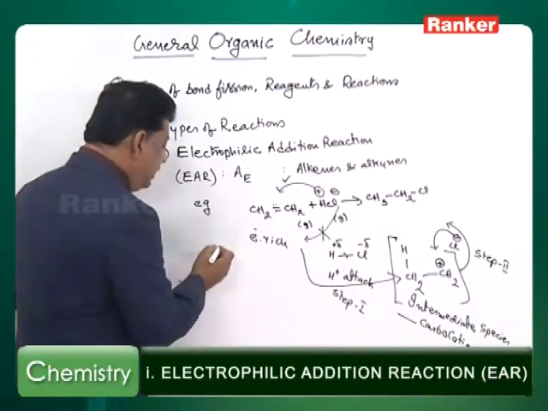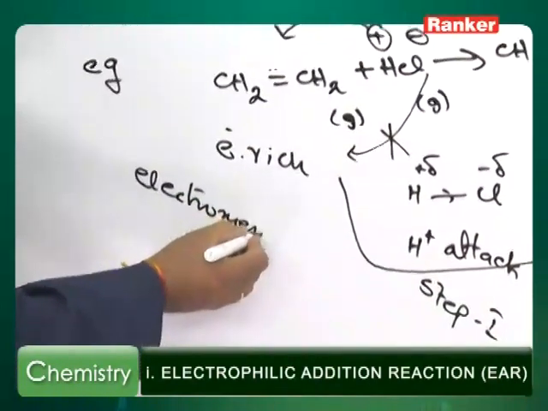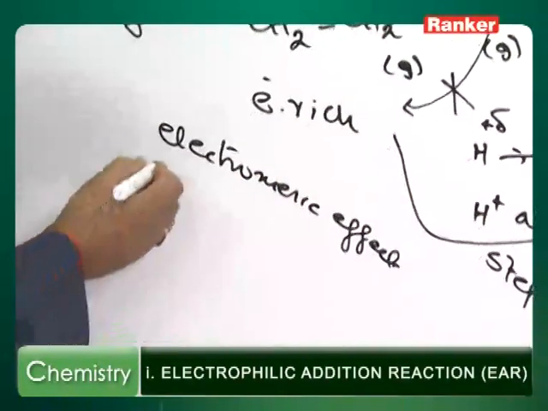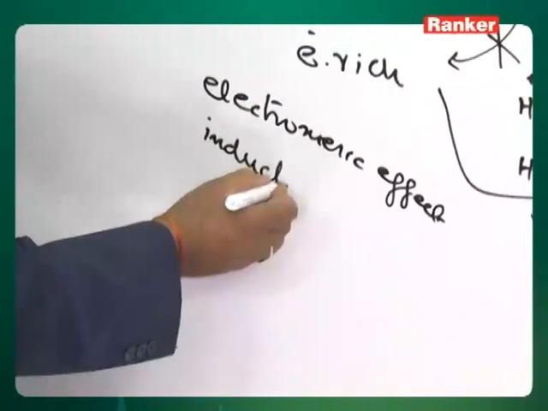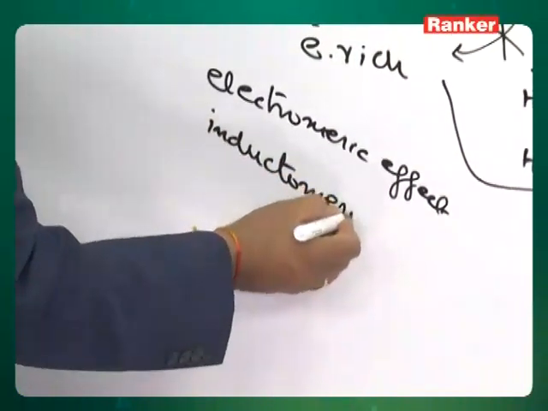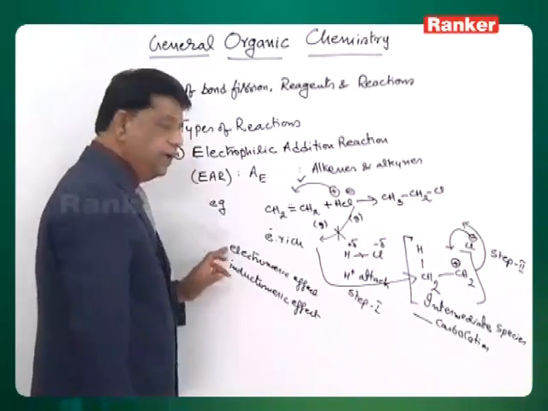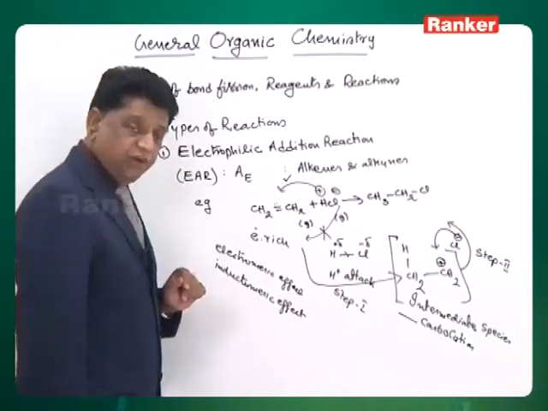So in the alkene we have the electromeric effect. In the sigma bond, we call it the inductomeric effect. These two effects you can understand better once we understand the mesomeric effect and the inductive effect.